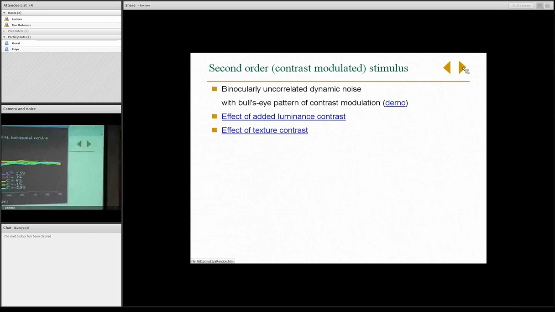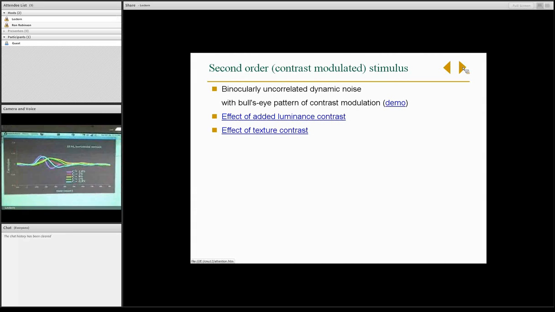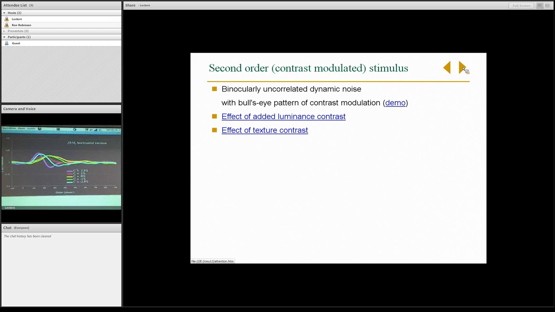What's shown here are the correlograms for 5 different stimuli. This C value represents added luminance contrast. In that demo, we were adding large amounts of luminance contrast. Here we're adding very small amounts. 2.5% is a small amount, but it's plenty to see and to make your eyes move.